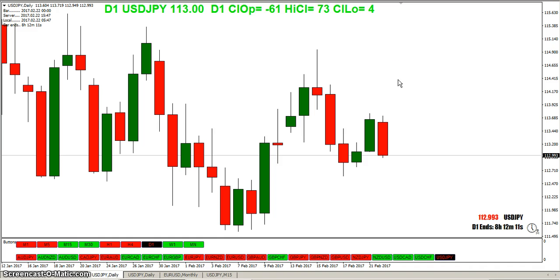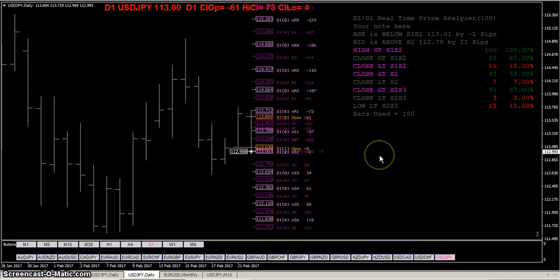So what does the price analyzer do for us? Well, we already know chances are this number is going to be bigger than 20. So what the real-time price analyzer does is it takes a look at the different levels. And in this case, what I'm looking at is the pivot levels.